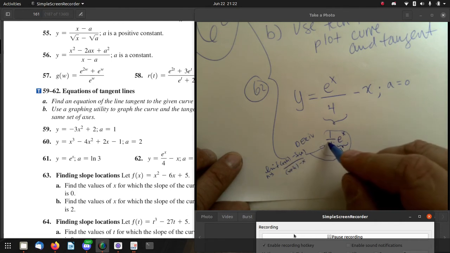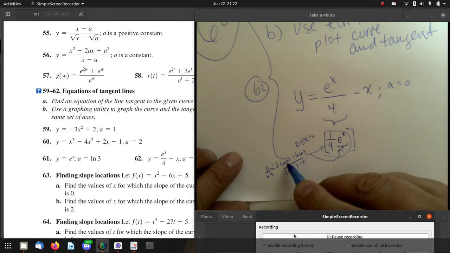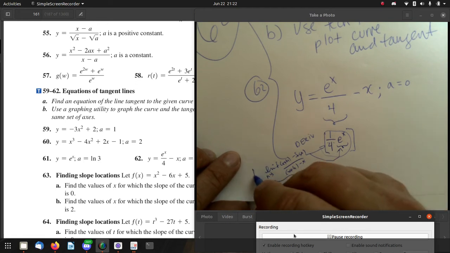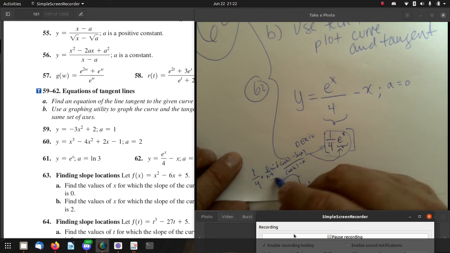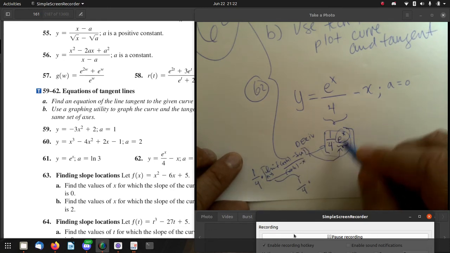And when we do that, we're doing the limit of the entire thing. But by the properties of limits, this can simplify to 1/4 times just this part.